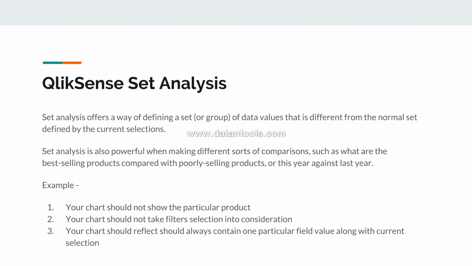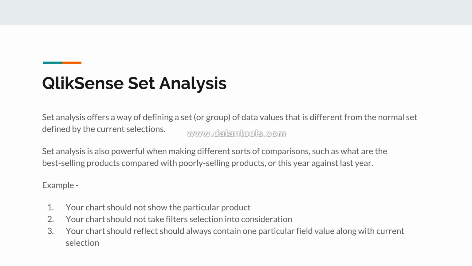Say, for example, you have one particular field value which is chairs, or some other product, that you always want presented whenever your chart is displayed, and whenever you are making selections on the other products, it should keep including that in the chart. In such scenarios, which are very custom to the business needs, you can achieve it with set analysis.